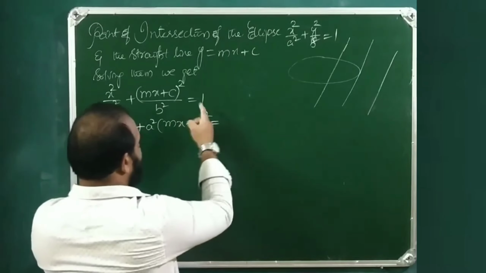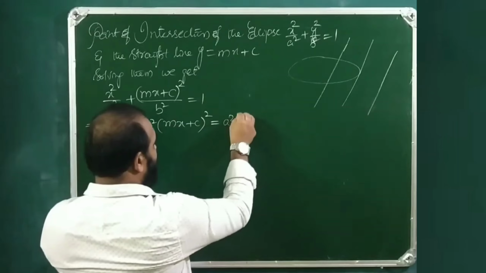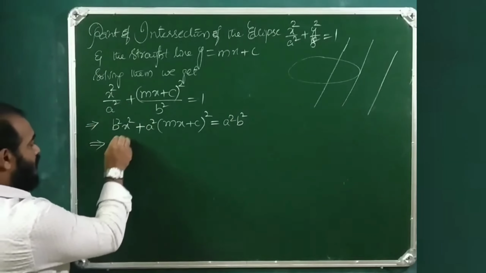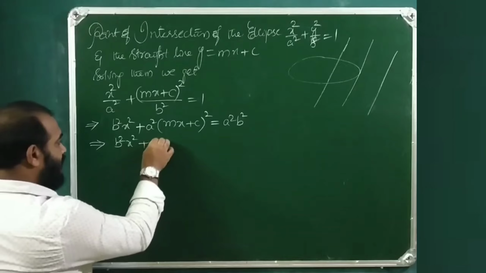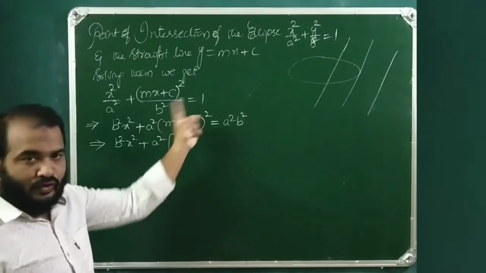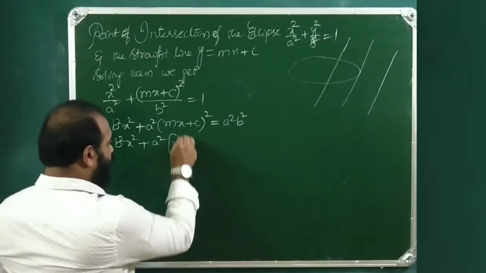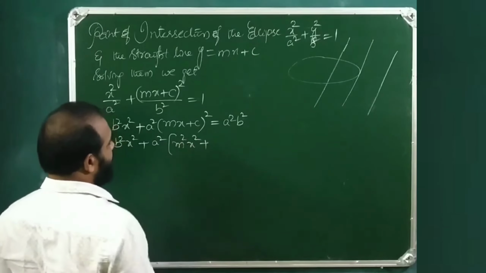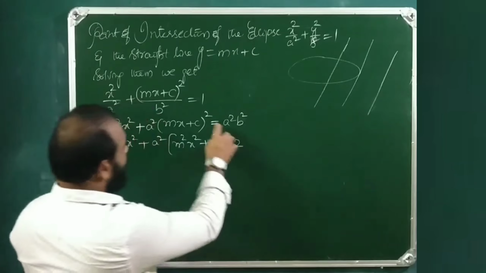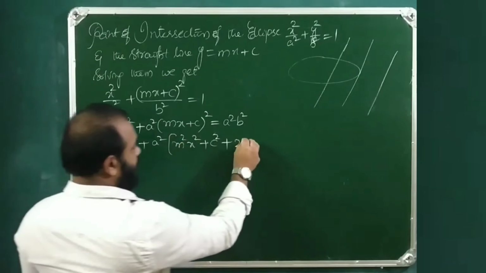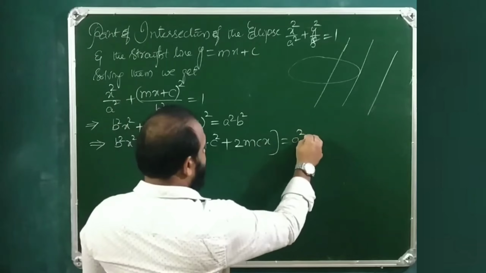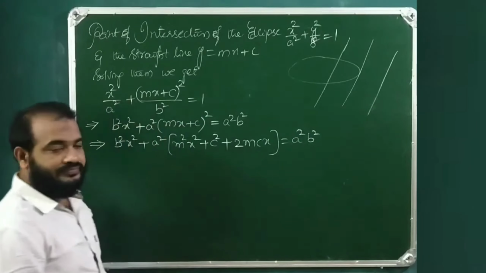If you cross multiply with a square b square, this equals b square x square plus a square into (mx plus c) whole square. You expand: m square x square plus c square plus 2mcx, equals a square b square.